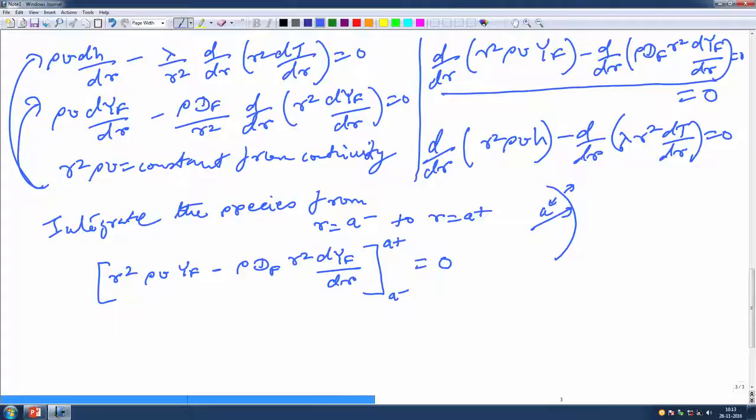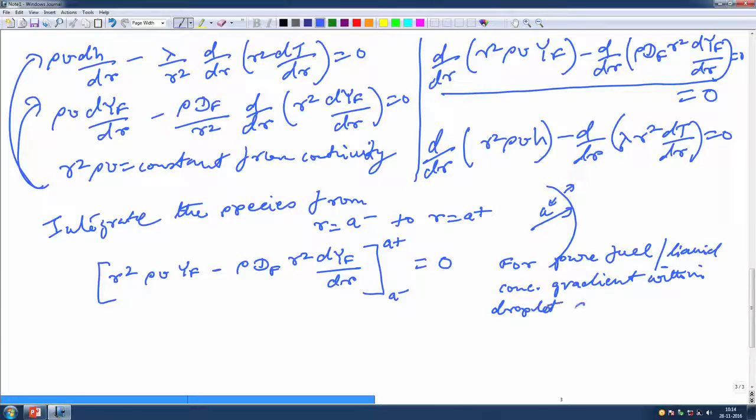So for pure fuel, or whatever liquid you are concerned about, the concentration gradient within the droplet does not exist. Within the droplet you have basically YF equal to 1, has to be the case always, correct.